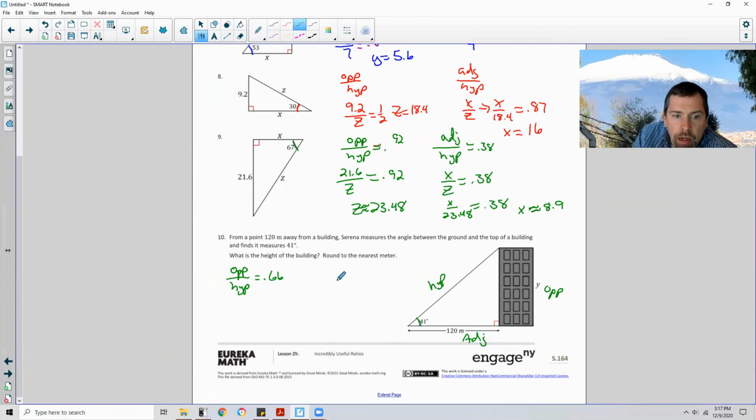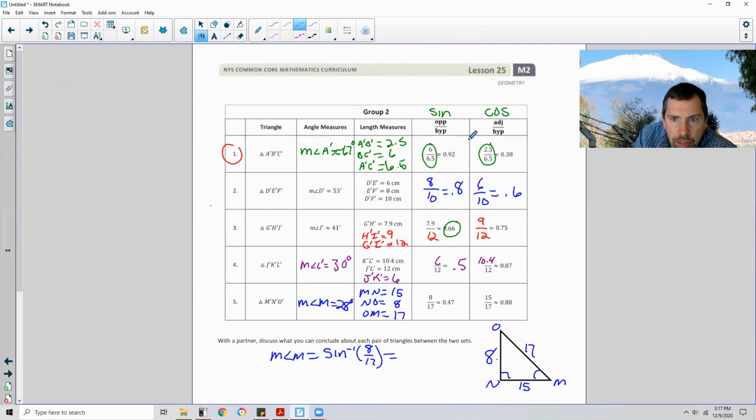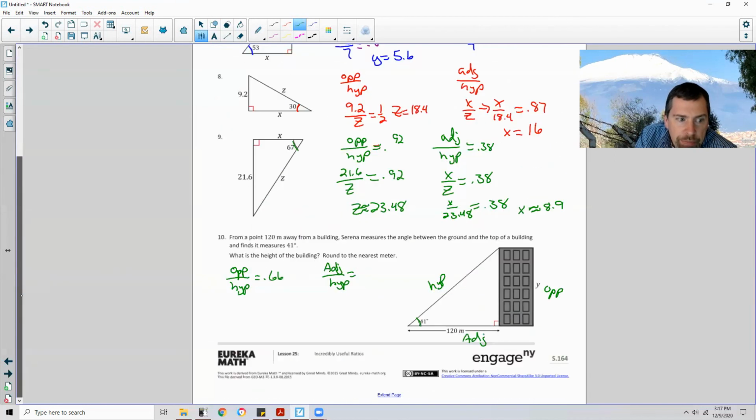Okay. My adjacent over hypotenuse is 120 over something, or I could go back to my table. Adjacent over hypotenuse for my 41-degree angle is 0.75. So I'm going to use that. Then I substitute in what I know. My opposite is y.